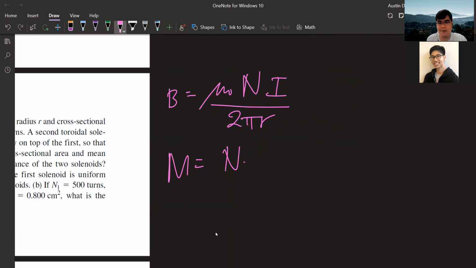Okay, so the mutual inductance is given by, depende, no? Kunwari, nakabase tayo kay toroid number 2. Then this is the thing. Okay.